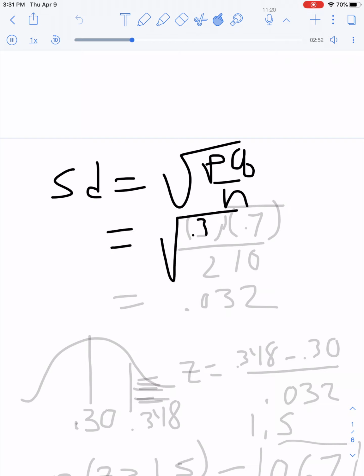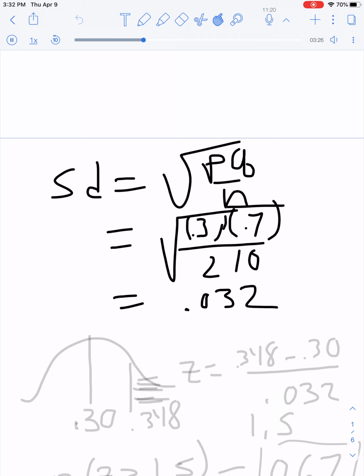So this would be 0.3 times 0.7 divided by 210, and then take the square root of that, which would give you 0.032.